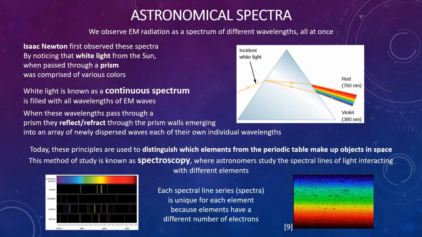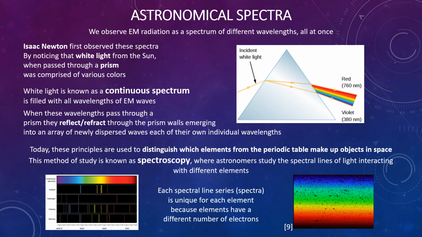White light is a continuous spectrum, meaning that white light is made up of all of the wavelengths in the visible part of the spectrum. And when that white light passes through a prism, they reflect and refract through the prism walls, and they emerge as this dispersed rainbow of their individual wavelengths.